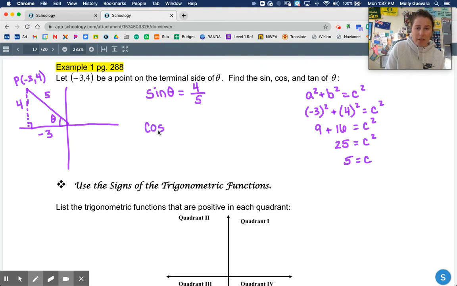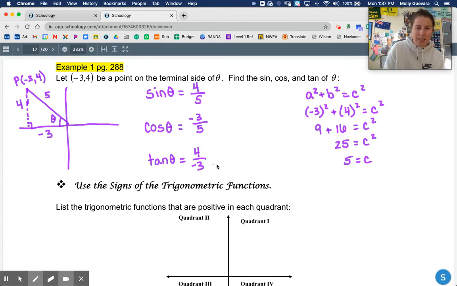Then if I want to find cosine of theta, it is adjacent over hypotenuse, so my cosine is -3 over 5. And then tangent of theta is opposite over adjacent.